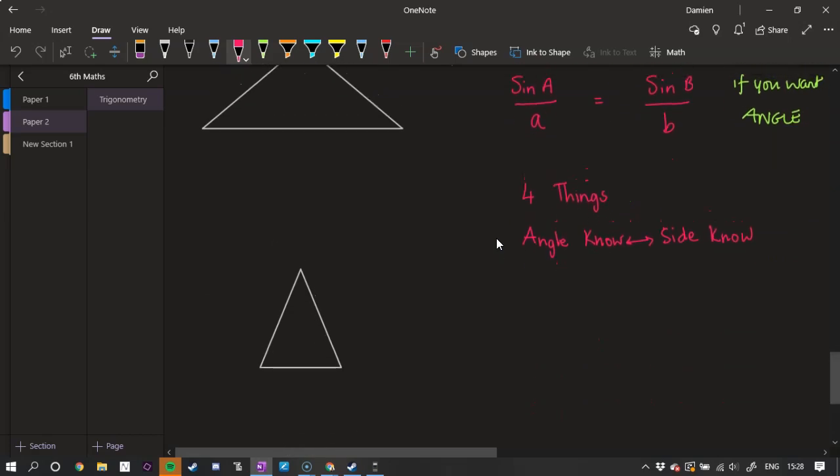You're then going to have another angle that you know, and you're going to have a side that you don't know. And they are also going to be opposite each other. Now bearing in mind the side and the angle can interchange. So it may be an angle you don't know, and if it's an angle you don't know, then it's going to be a side that you will know, and they'll switch back and forth.